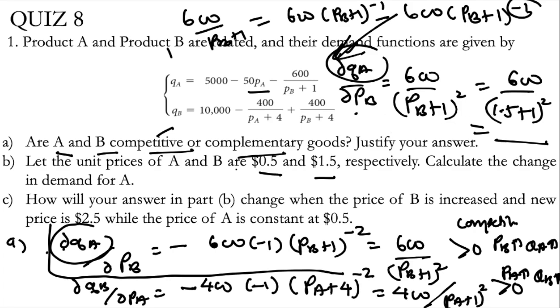And then, how will your answer in part B change when the price of B is increased and the new price is 2.5 instead of 1.5? Here I use a red pen. You just need to change it for answer C. Delta QA over delta PB equals 600 over the new PB, which is 2.5 plus 1 squared.